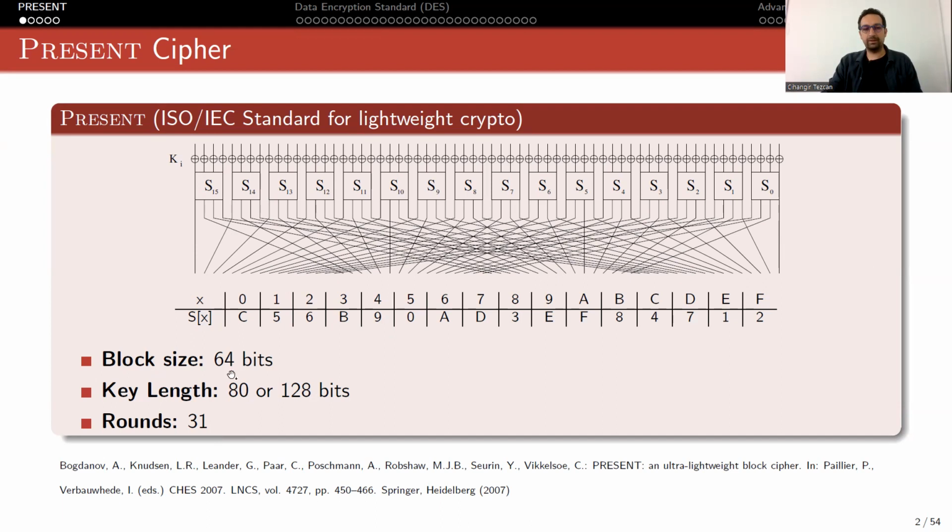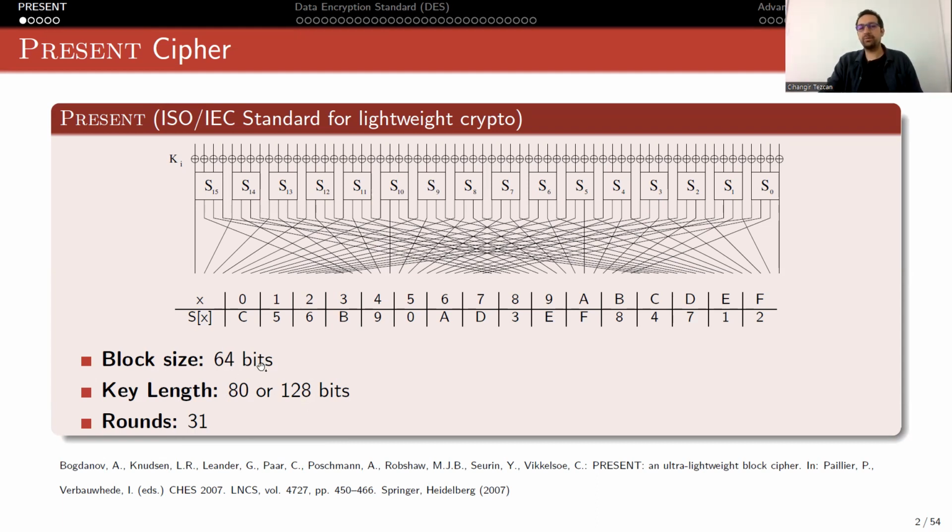So let's look at the characteristics. These are really important, by the way. Some people think that it is something to memorize, but actually you shouldn't memorize them. You should know them by heart because they tell a lot about the cipher. For instance, key length. It supports two key lengths, depending on the user's choice: 80 bits and 128 bits. This actually shows you your security, so it is good to know.